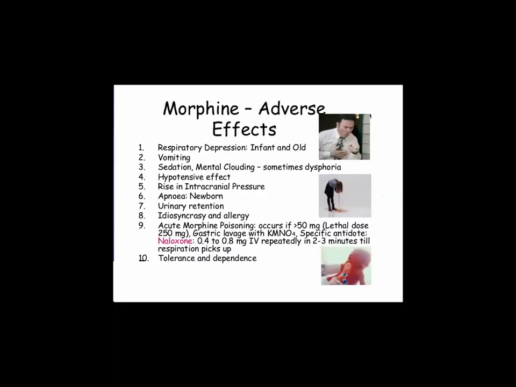Which adverse reactions do we have? Firstly, it's respiratory depression. Respiratory center depression may lead to dyspnea or even apnea. Then this medicine can cause vomiting, especially when patients are using this medicine for the first time.